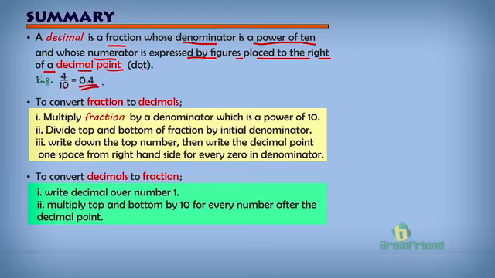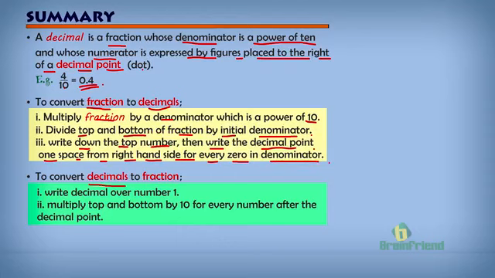To convert fractions to decimals, we learned that we can follow three simple steps. Multiply the fraction by a denominator which is a power of 10. Divide the top and the bottom of our fraction by the initial denominator. Write down the top number, then write the decimal point, one space from the right-hand side for every 0 in the denominator.